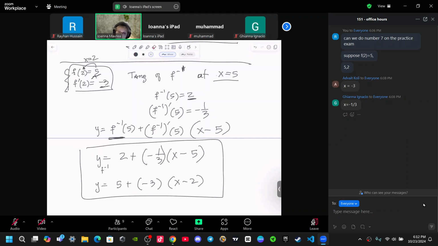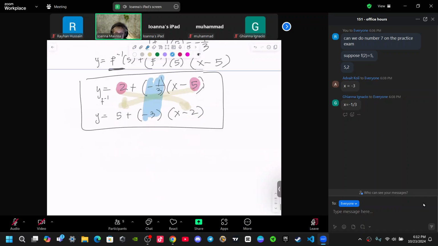Notice these things have been reversed. And the other number in between, you find the reciprocal of it. So if you know one, you should know the tangent line on the inverse. Okay, the x and the y are reversed in places, and the slope becomes the reciprocal.